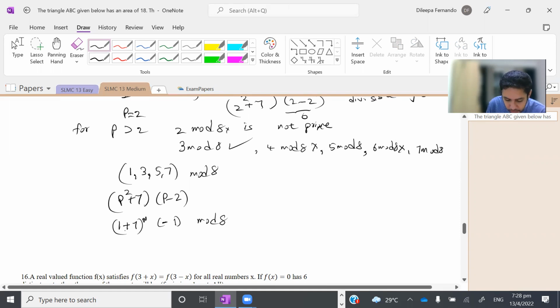So you can see that always p squared plus 7 is 0 mod 8. That means the total expression is 0 mod 8. So this is for 1 mod 8.